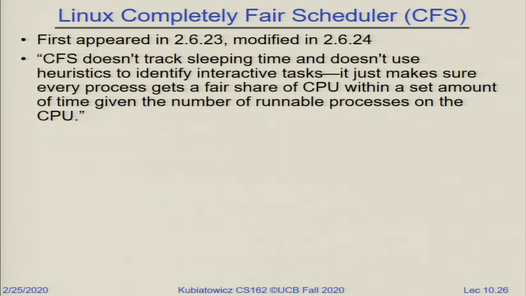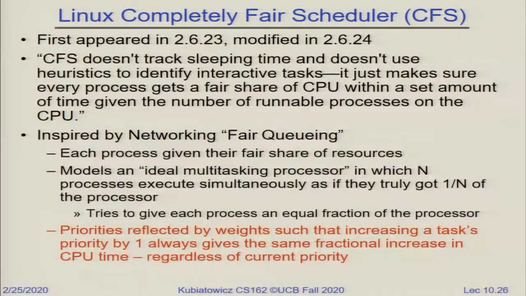Now, anything that says we're going to get a fair share of the CPU, hopefully the beginning of this lecture makes you a little suspicious of anything that says that, right? But let's see where we go with this. So this is definitely inspired by fair queuing. The idea is that every process gets their fair share of resources from a fair queuing standpoint, which, by the way, is a well-defined idea. And it models an ideal processor.